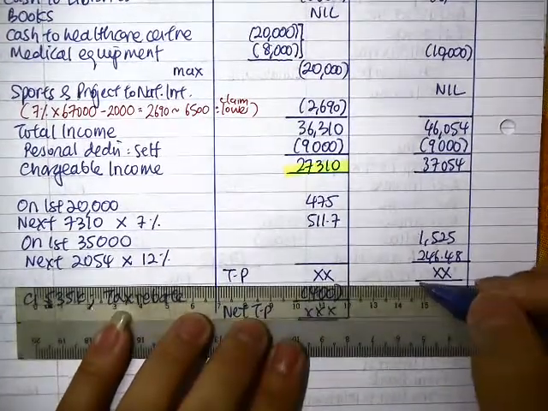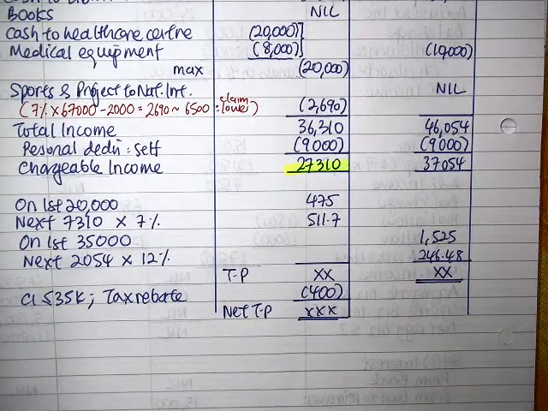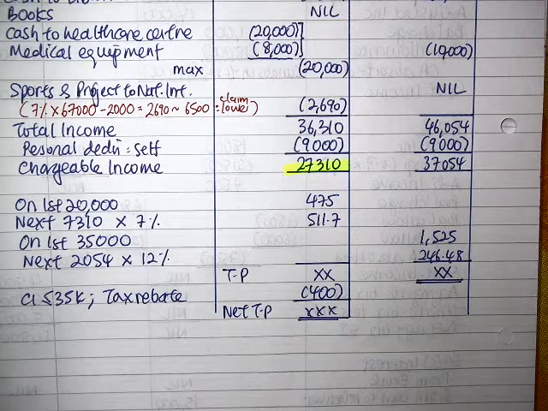So just work out the answers yourself, will you? Alright, so again, those are the answers to the question on page 27. Use this to revise so that you recall the format of your tax computation. Okay, thank you.